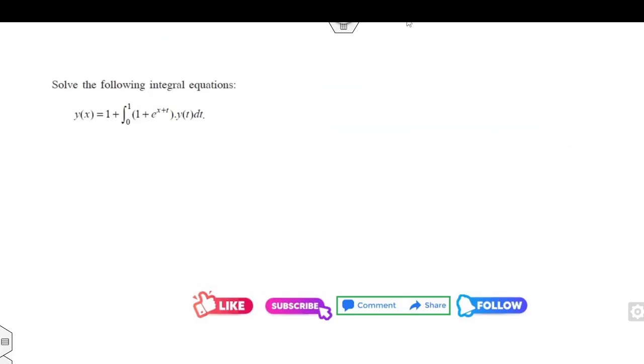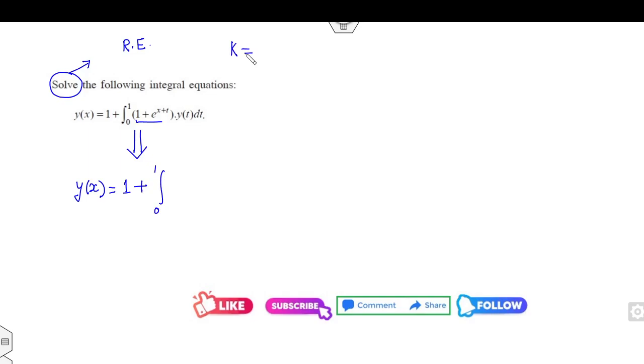Now you can see they are talking about solving. Now how can you solve the problem? Again, your first target is to find the resolvent kernel. So I can tell you the solution is y of x, which is 1 plus integration from 1 to 0. This is the kernel.